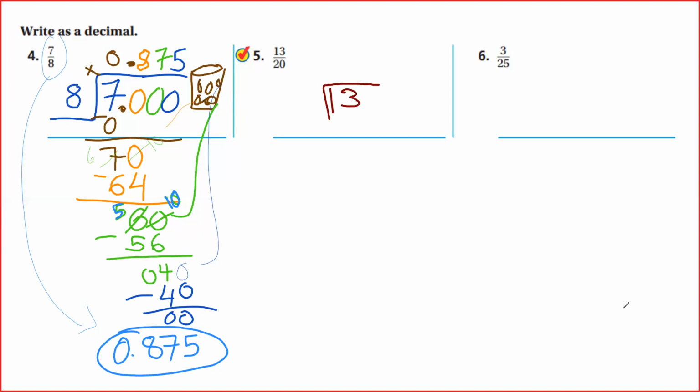Divide it, bravo. But before that, what do you have to add here? Decimal point, bravo. Yeah, now next, 13 over 20.